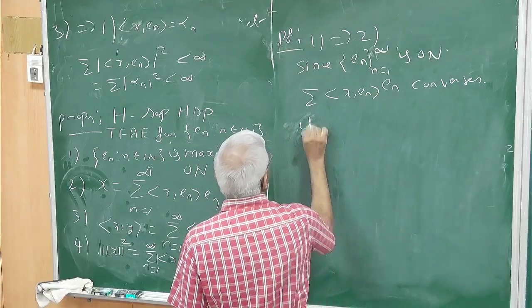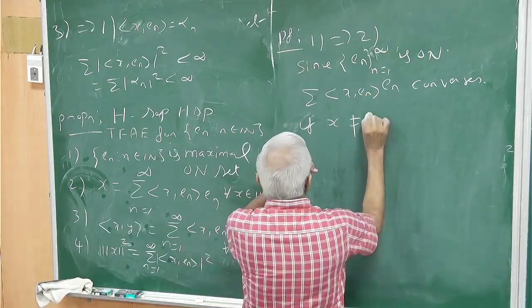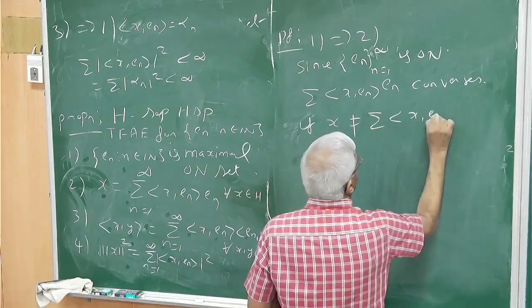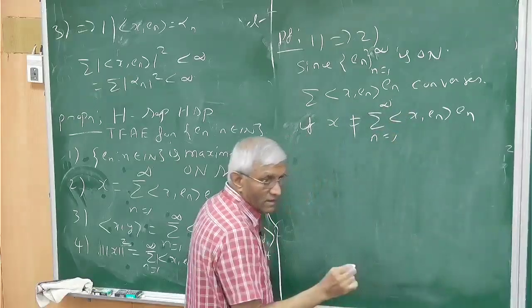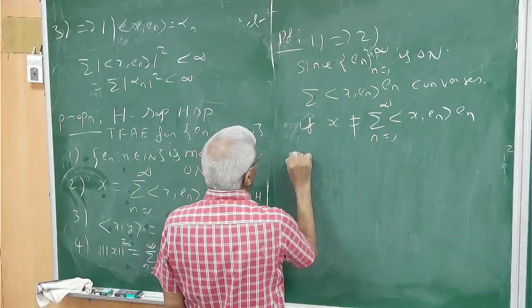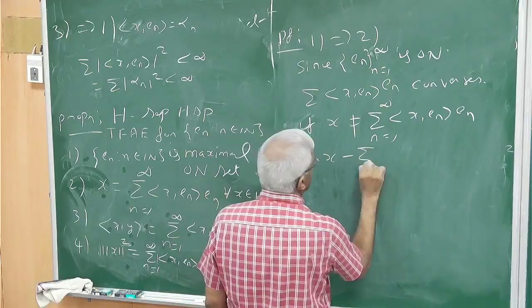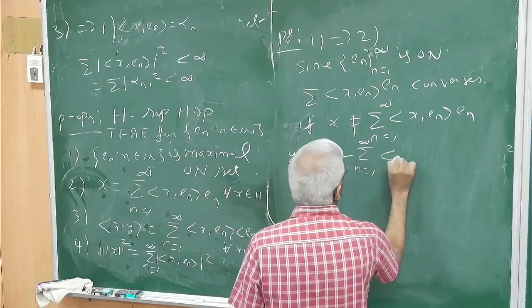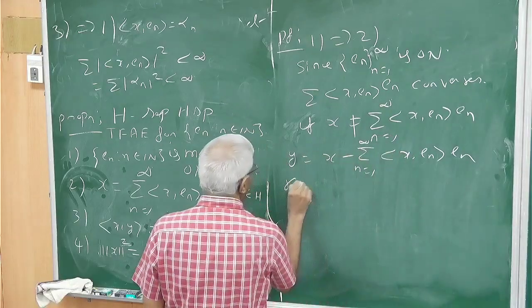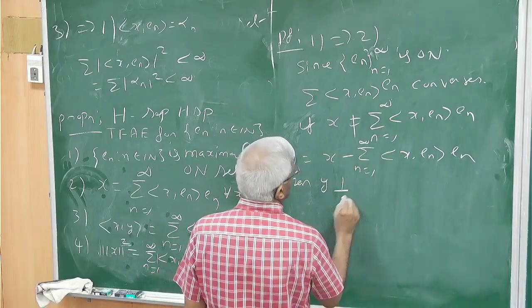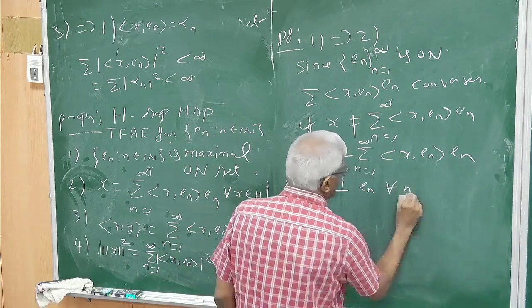If x is not equal to the summation of <x, e_n> e_n, then take y equal to x minus this sum. Then this y is orthogonal to e_n for all n.